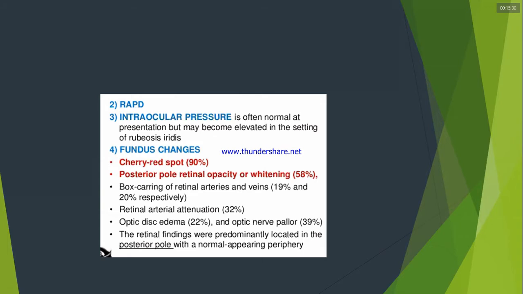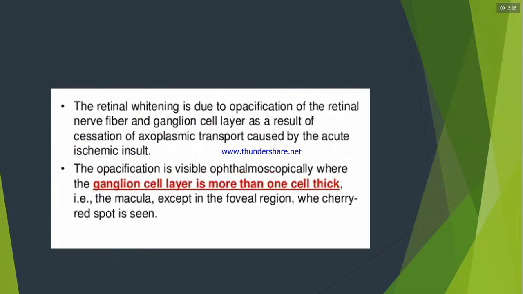So now I think you are familiar with where the posterior pole is. The retinal whitening is due to opacification of the retinal nerve fiber and ganglion cell layer as a result of stasis of axoplasmic transport caused by the acute ischemic insult. So the retina is white or opacified because of the ischemia.